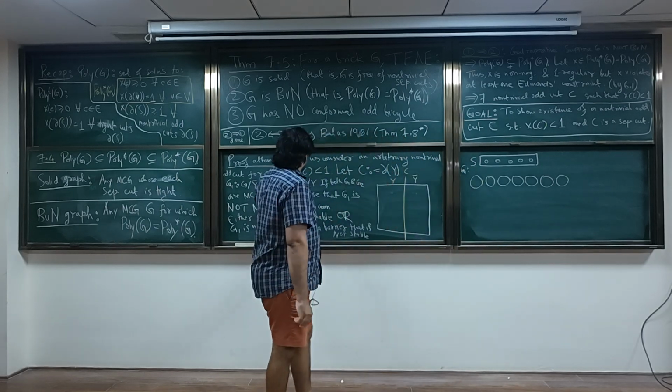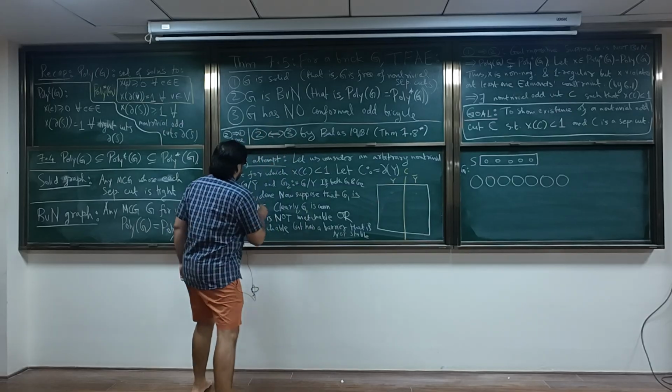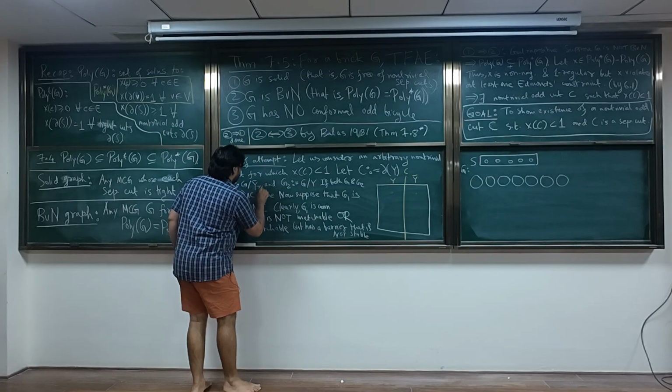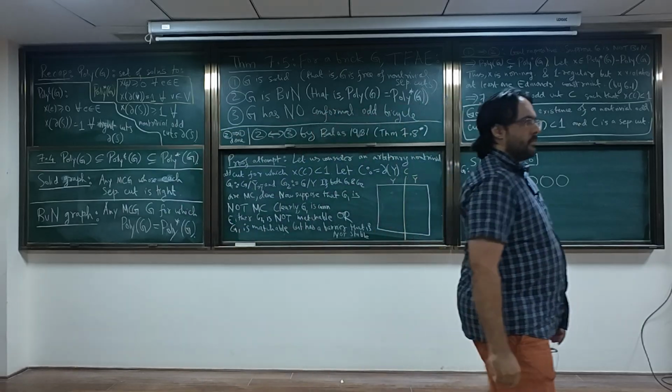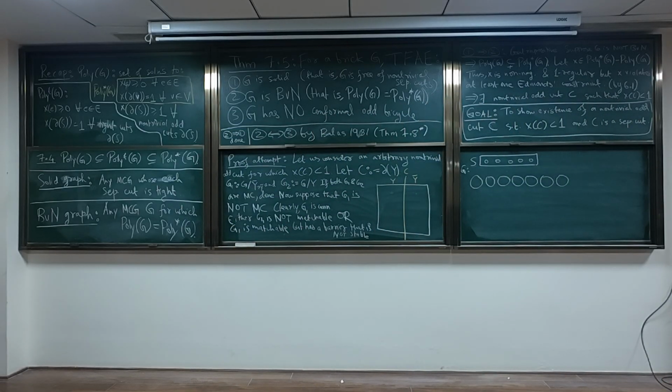Where is the shrunken vertex? Shrunken vertex is little y bar. Yes, it is in the set S, the Tutte set.